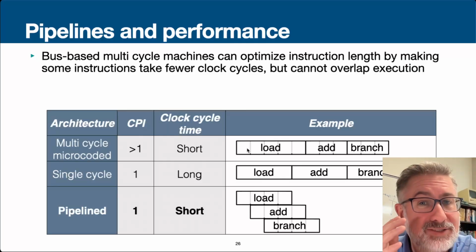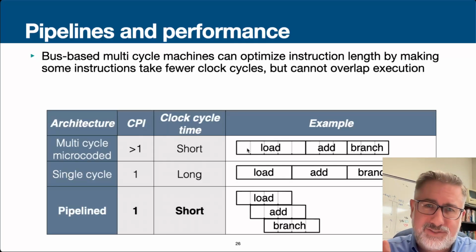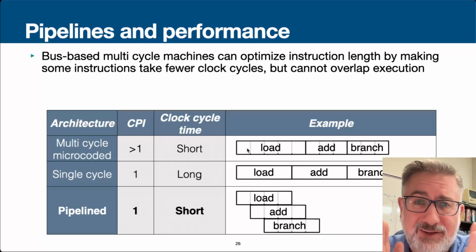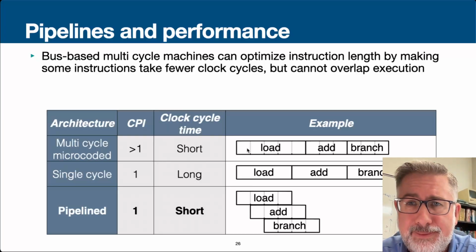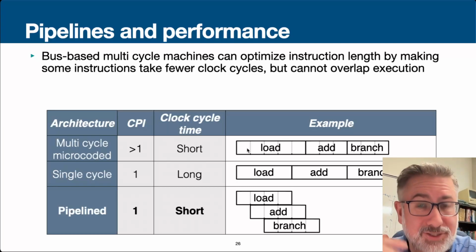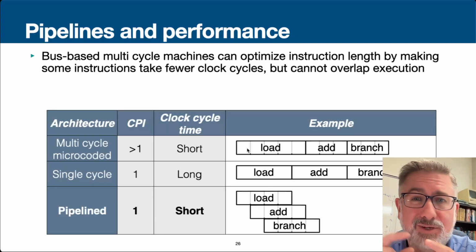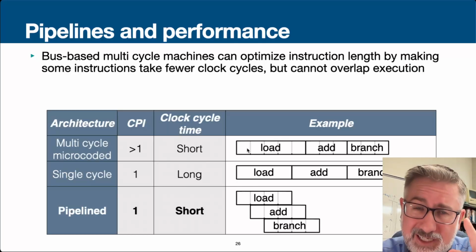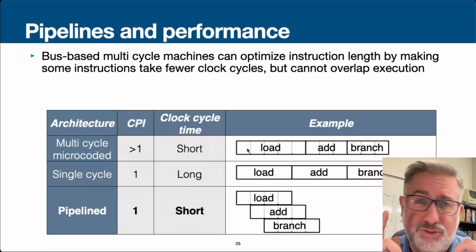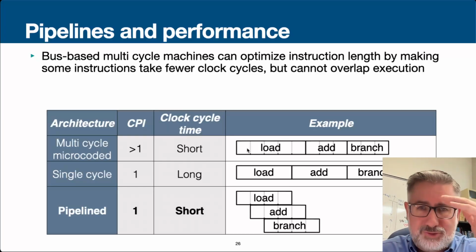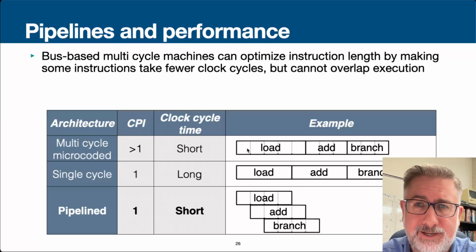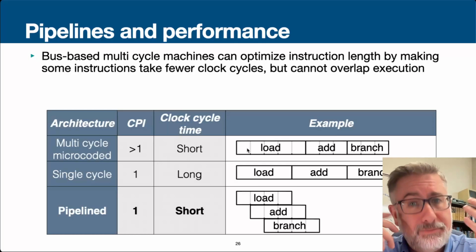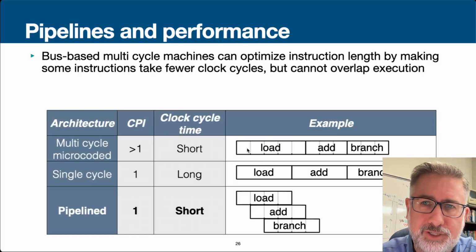And we can make instructions be different lengths, right? If something doesn't need 5 cycles, then we can make it shorter, right? So we can actually get faster instructions. The problem is we have to wait till one instruction finishes before we start the next because the ALU is used for everything. The bus is used for everything. So we cannot overlap operation, okay? So fast clock cycles, but longer execution times.